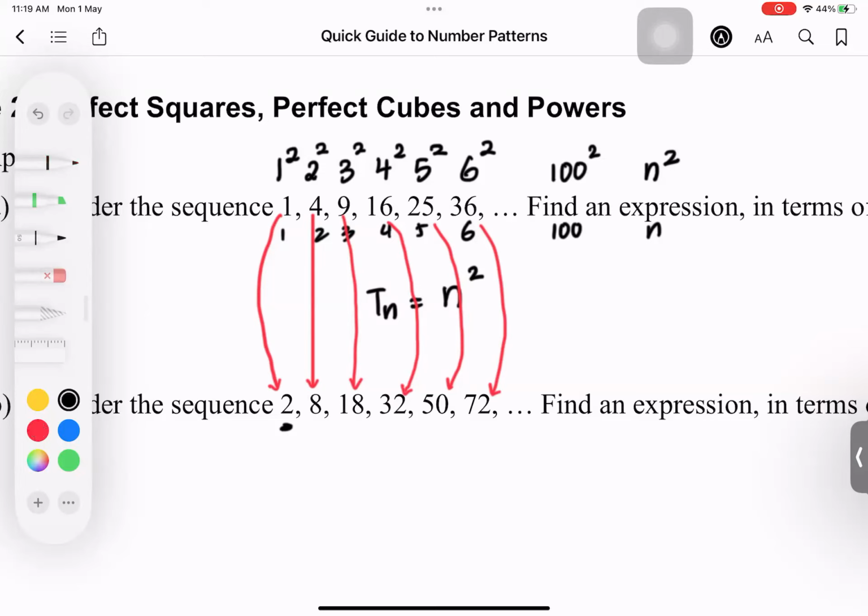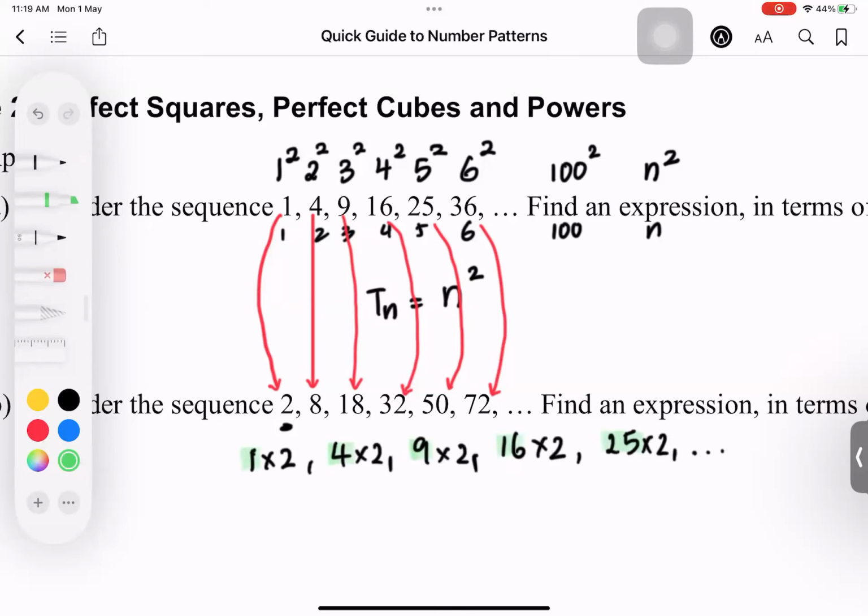So this is 1 times 2, 4 times 2, 9 times 2, 16 times 2, 25 times 2, and so on and so forth, right? But where did the number 1, 4, 9, 16, 25 come from? What is the pattern? They are n square.